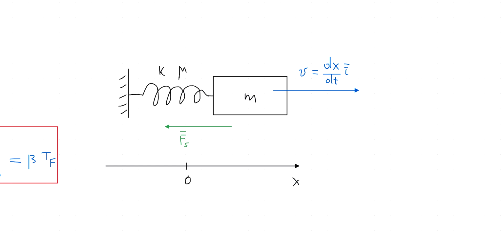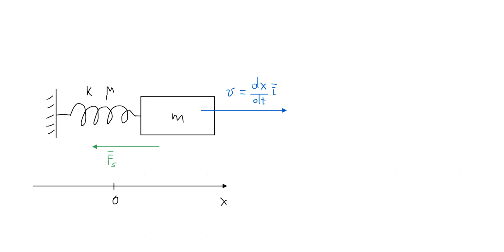From our previous lecture, we know that this force Fs, or the projection of this force on axis x, is equal to minus mu dx/dt minus kx.